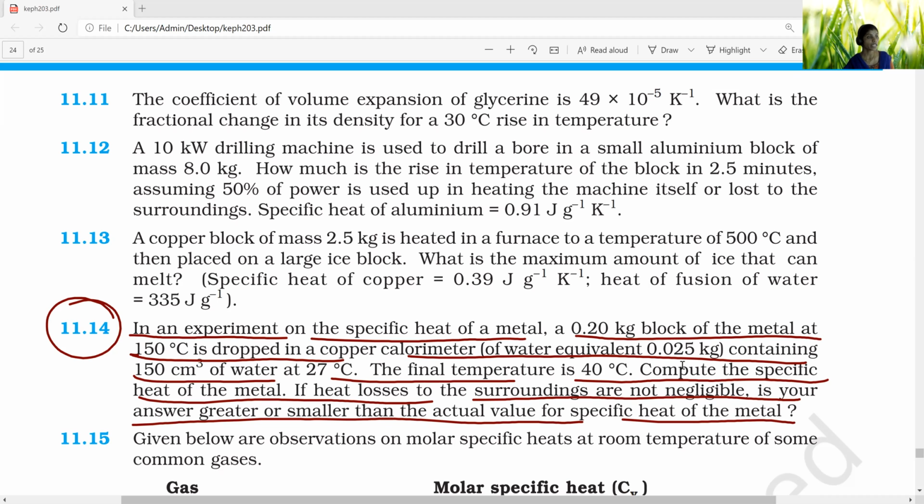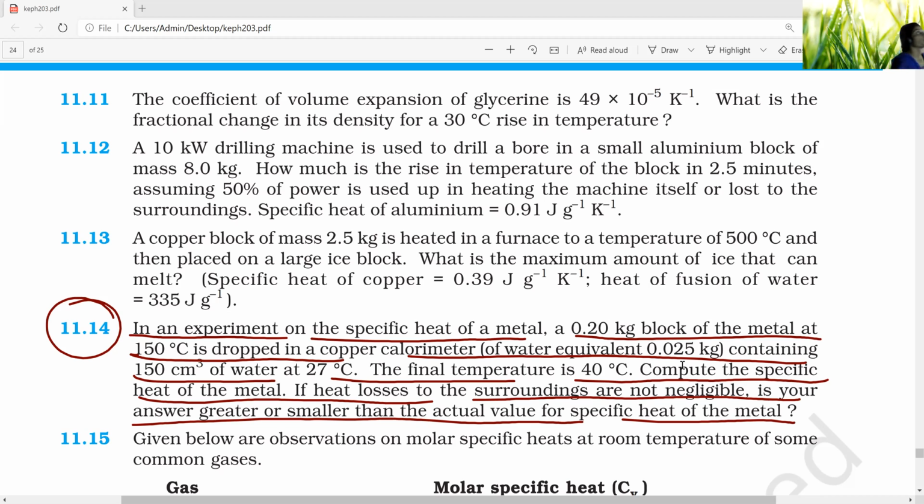The final temperature is 40 degrees Celsius. Compute the specific heat of the metal. If heat losses to the surroundings are negligible, is your answer greater or smaller than the actual value of the specific heat of the metal?